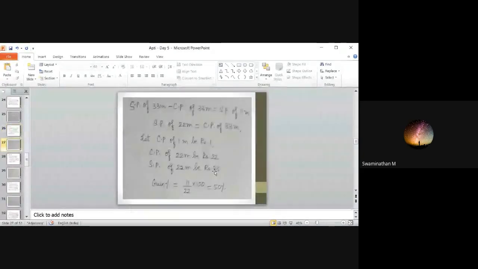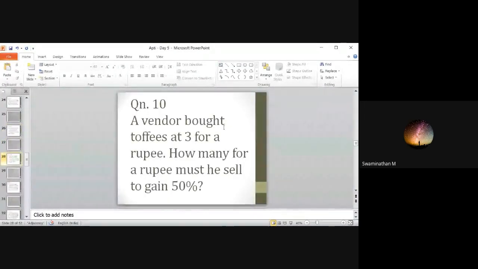Next one. A vendor bought toffees at 3 for a rupee. How many for a rupee must he sell to gain 50%? He bought 3 toffees for 1 rupee.